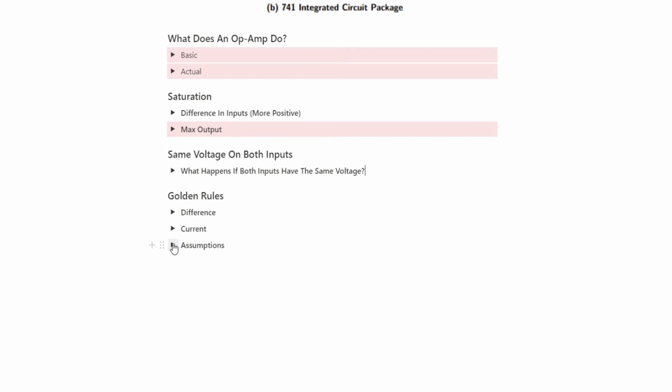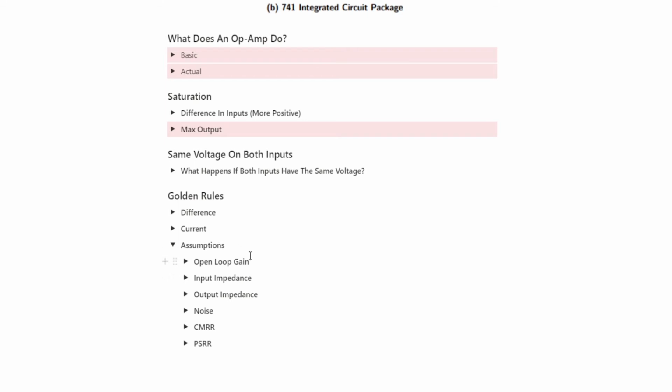The first assumption is that the open loop gain is infinite. There you go, boom: open loop gain, input impedance, output impedance, noise, common mode rejection ratio, and power supply rejection. So in one sitting, in my lecture, I've managed to memorize at least the names of the assumptions.